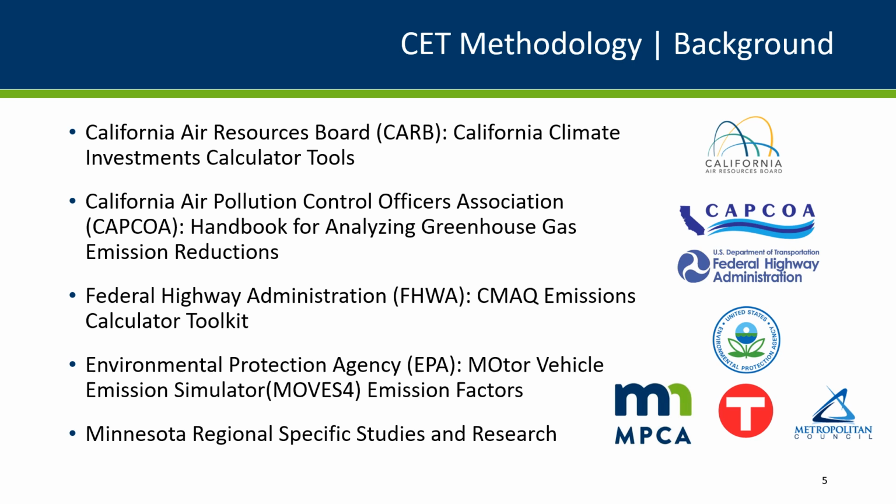Calculations for benefits from transportation system management use FHWA's CMAQ calculator, and those for low-carbon infrastructure use MnDOT's MICE tool. All project types use Minnesota-specific emission factors from EPA's MOVES 4, as well as other state-specific inputs where possible. This includes data from sources like the Minnesota Pollution Control Agency and Met Council.